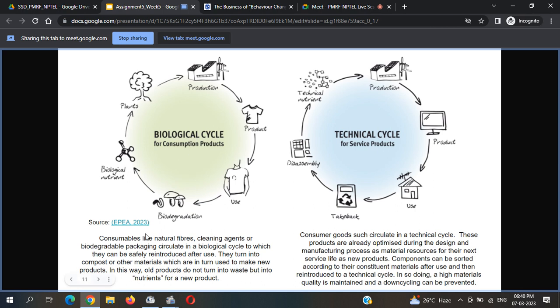So the biological cycle can be used for consumables like natural fibers, cleaning agents, or other biodegradable packaging, which can circulate in the natural cycle.